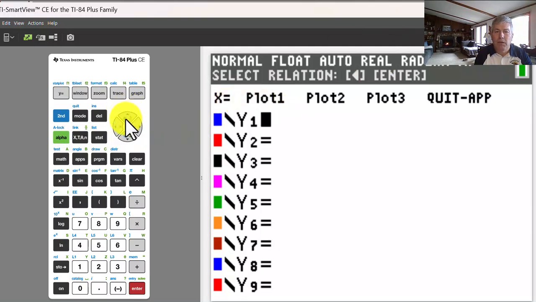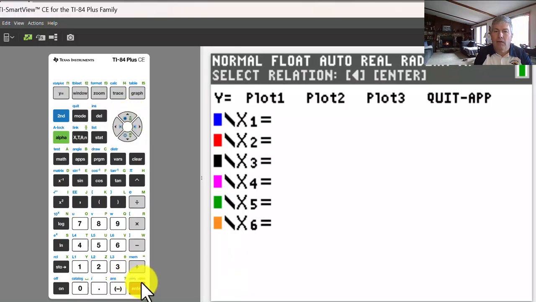In fact, let's begin by going up into the x equals menu, enter, and we want to graph x is less than negative 9. That's what we came up with for x. So we're going to have a vertical line at negative 9, and we want all the x values less than that. So let's go ahead and do that.